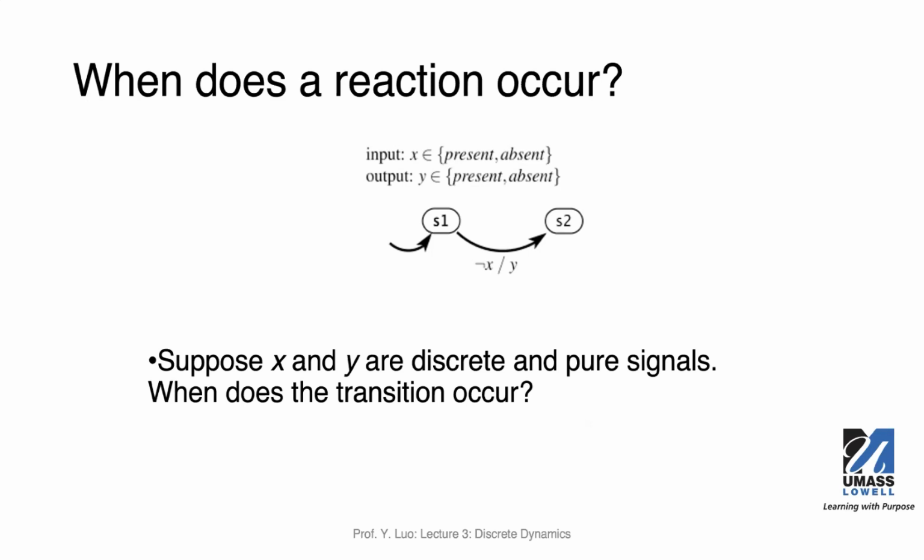So let's look at this interesting example. What are the input signals? X, right? We only have one input signal.